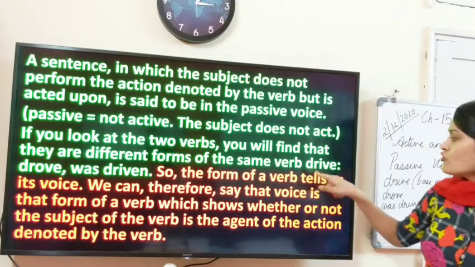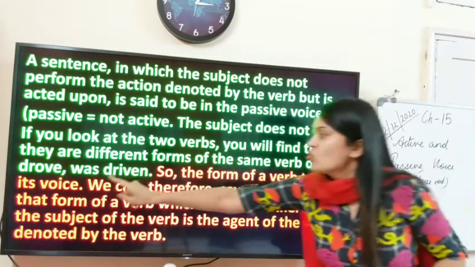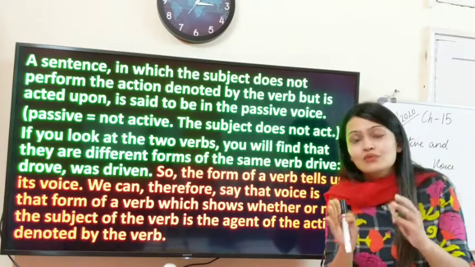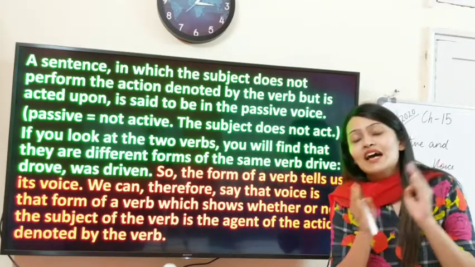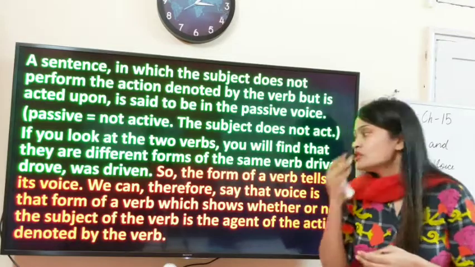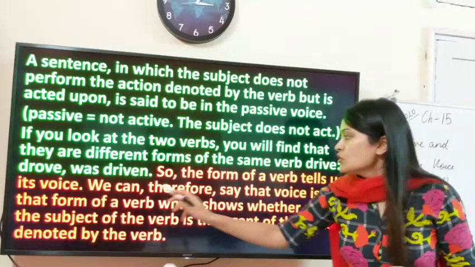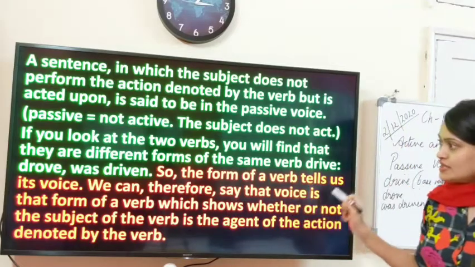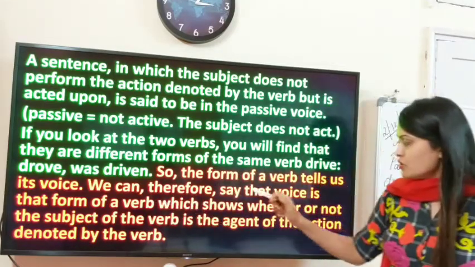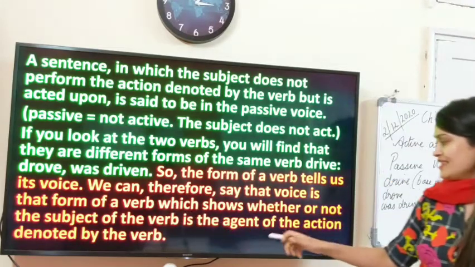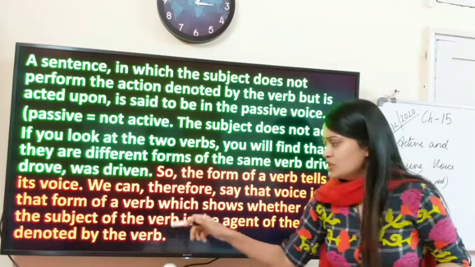So the form of a verb tells us its voice. So basically, from reading the sentence, we come to know whether it is in the active voice or in the passive voice because of the kind of verb form used. We can therefore say that voice is that form of a verb which shows whether or not the subject of the verb is the agent of the action denoted by the verb.